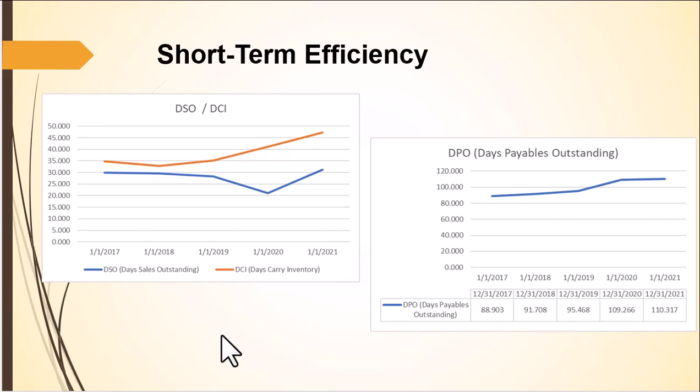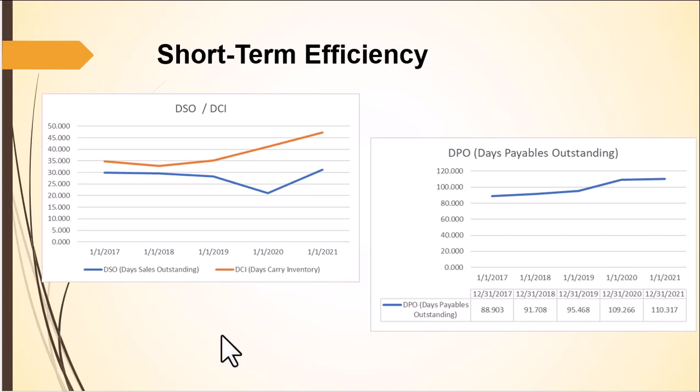So the formula that's used here uses sales. Probably should more likely be cost of goods sold rather than sales, because that gives us a closer correlation between the inventory being used and being paid for and paying for that inventory. So again, the way the textbook uses that formula, it creates a kind of weird number.